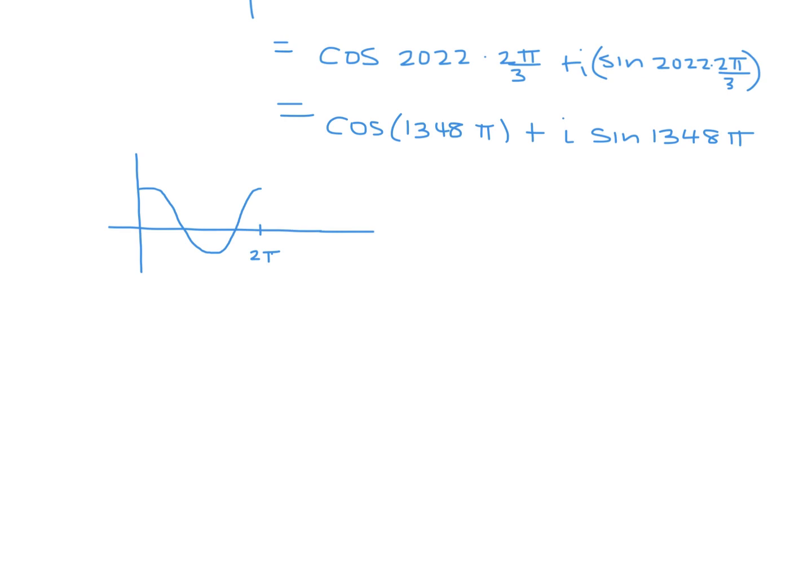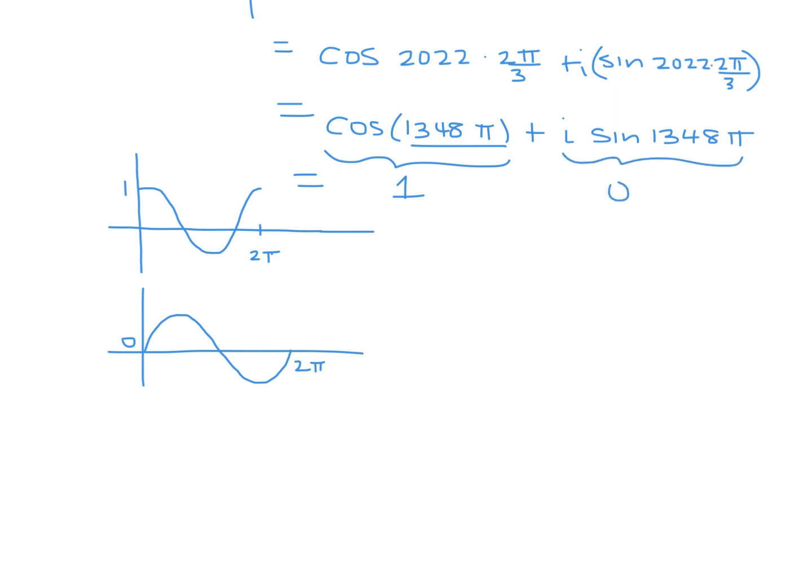So every 2 pi, cos would be equivalent to 1, and this is divisible by 2 pi, so this is basically 1. It doesn't take that much to figure that out, actually. You don't even need a calculator. For sine, it repeats like that, where every 2 pi, it's 0. So this is also divisible by 2 pi, so that's 0. So this is basically 1 plus 0, which is 1.